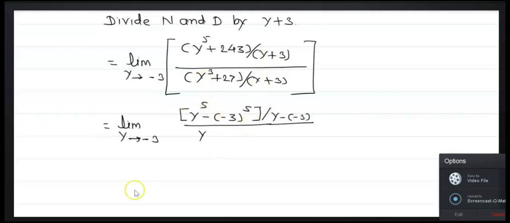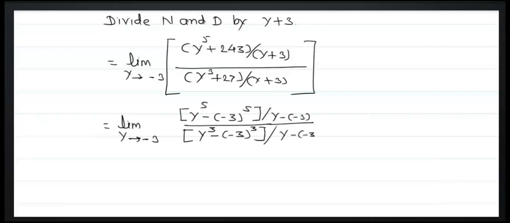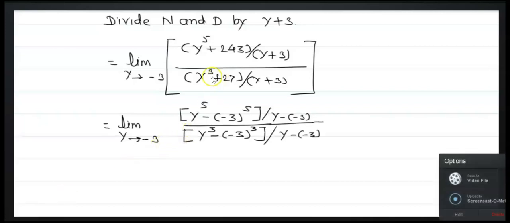For the denominator also, we write divided by y cubed minus (minus 3) raised to 3. You will ask why we are doing this. We get the 0 upon 0 form, which is an indeterminate form. To avoid this form, we apply the formula: (x raised to n minus a raised to n) upon (x minus a), as x tends to a, gives n into a raised to n minus 1.